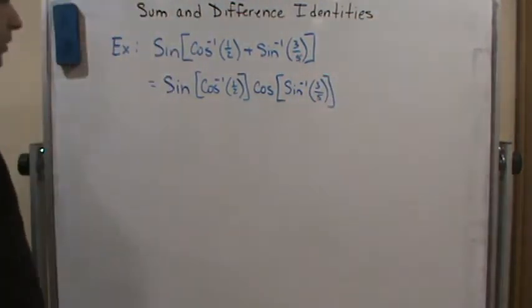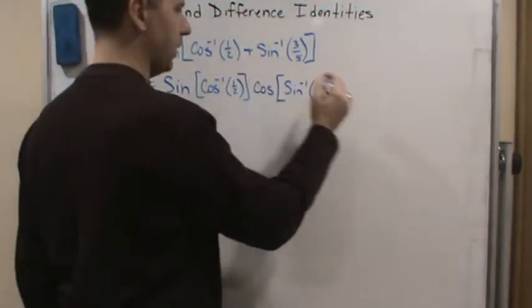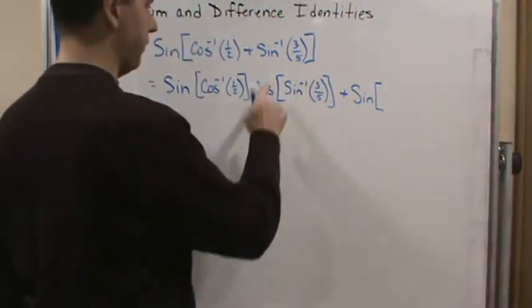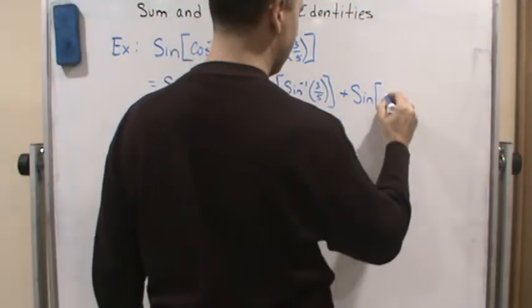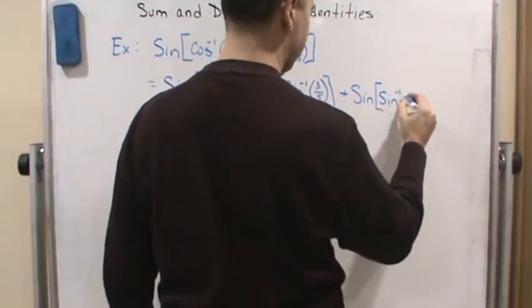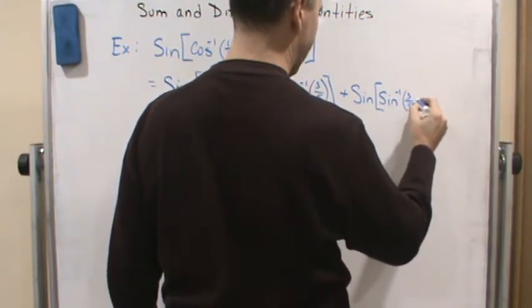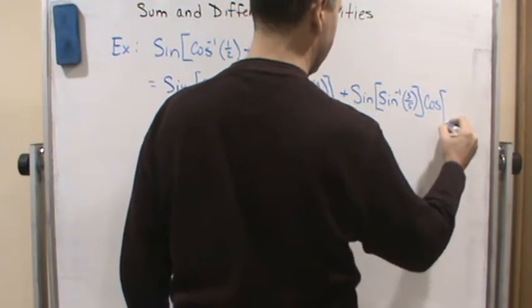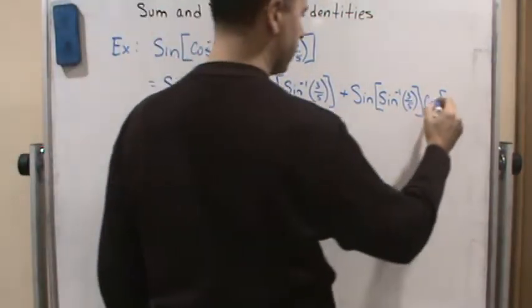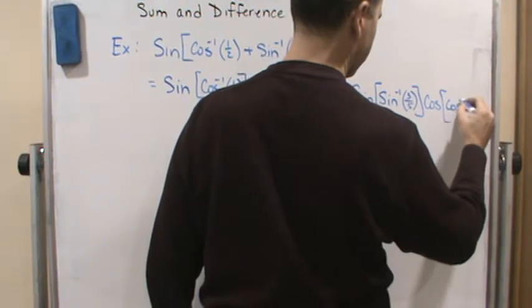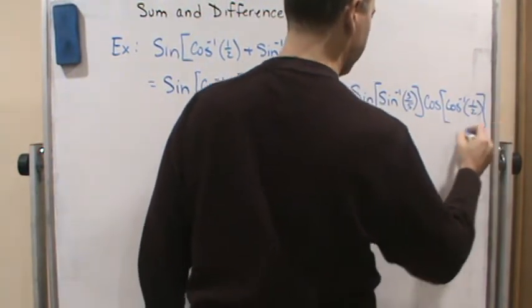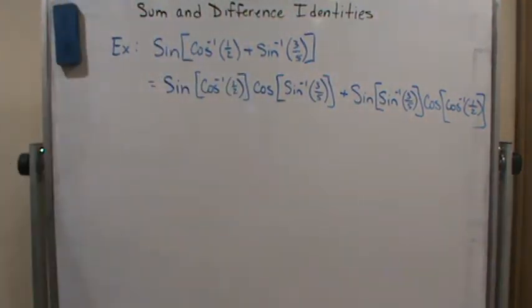So that's the first one. Plus sine now of the second one, so this would be sine inverse of 3/5 times cosine of the first one, which is cosine inverse of 1/2. And so now that's what I have. So now it's time to simplify things.